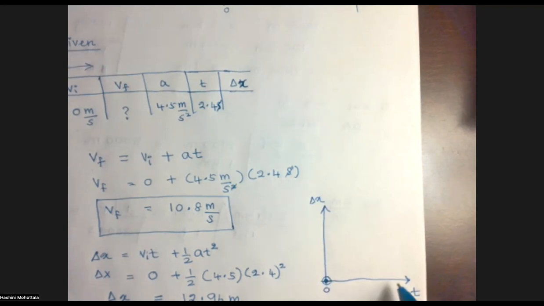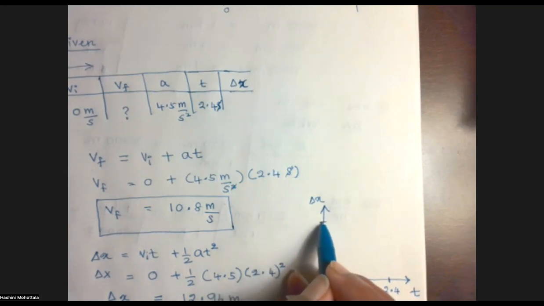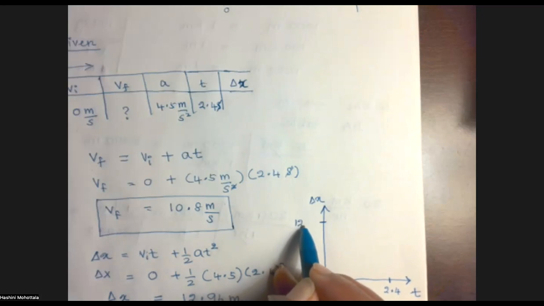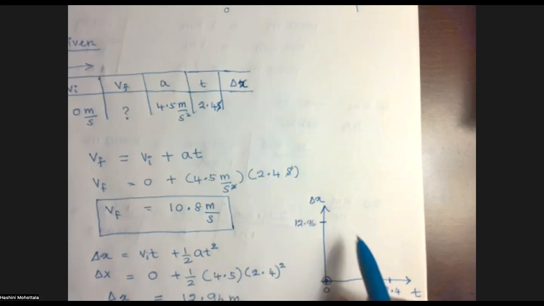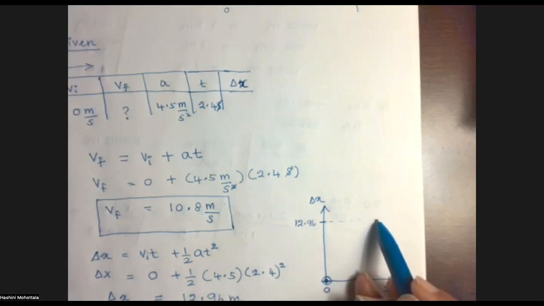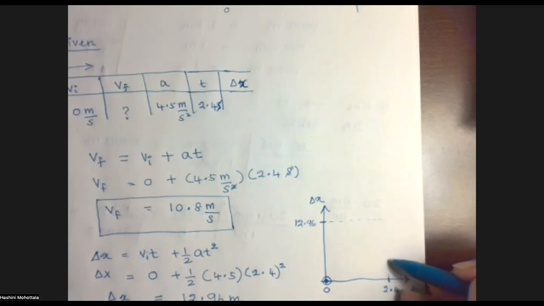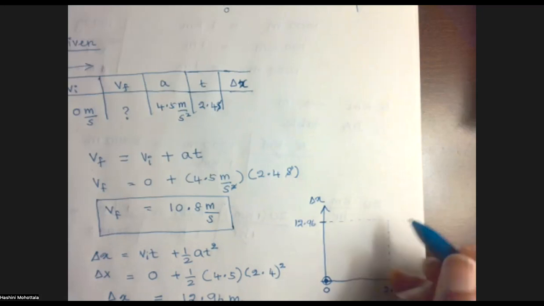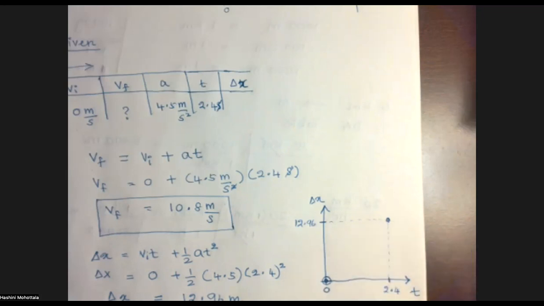And then after 2.4 on the axis, here you have 2.4 seconds, and the person has moved 12.96. So on the x-axis, let's mark 12.96 in meters. So where do you put that? You put it right over here. Okay, and then this is the second point.